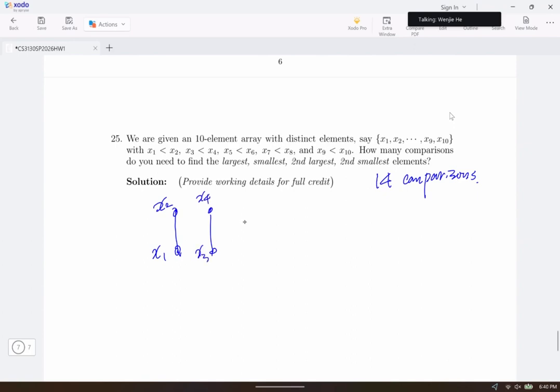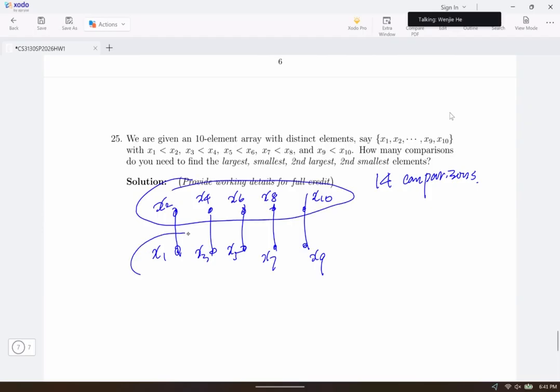Then in our algorithm, from the winners group we can get a maximum, and from the losers group a minimum. Maximum with 4 comparisons, minimum also 4 comparisons.